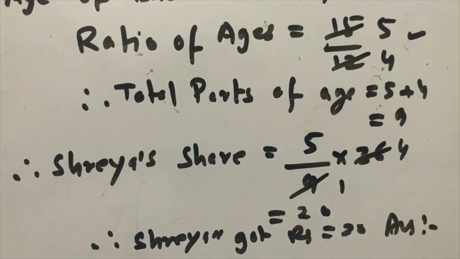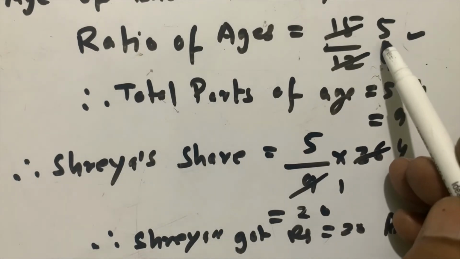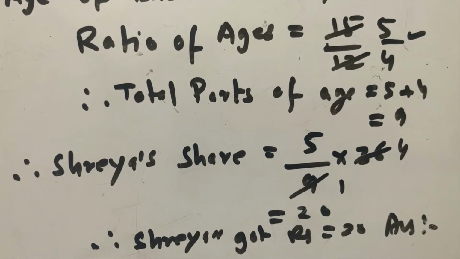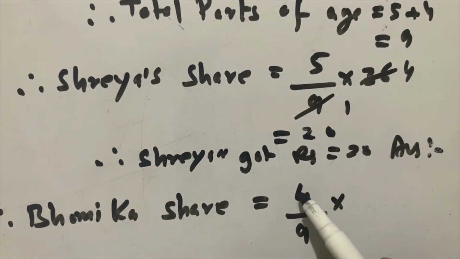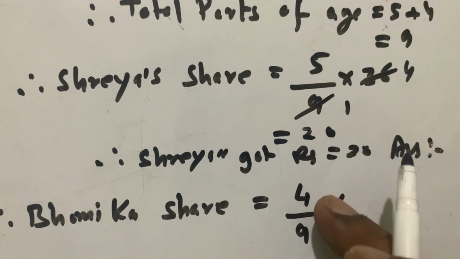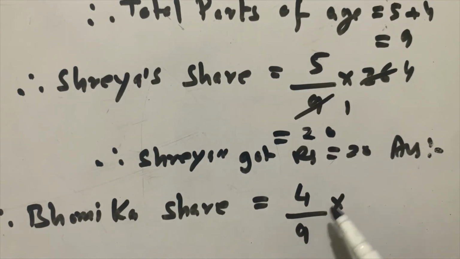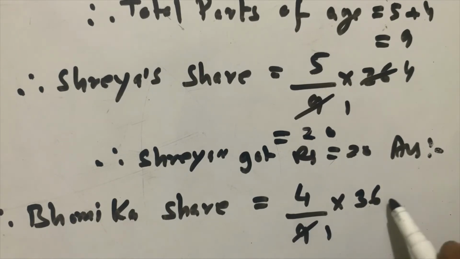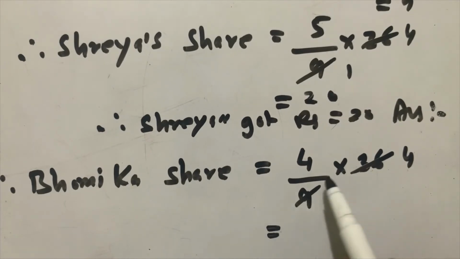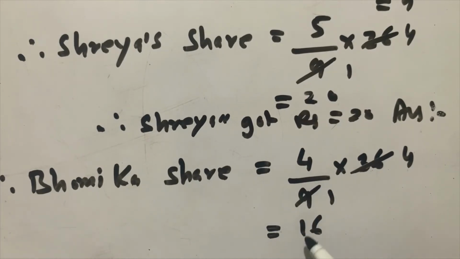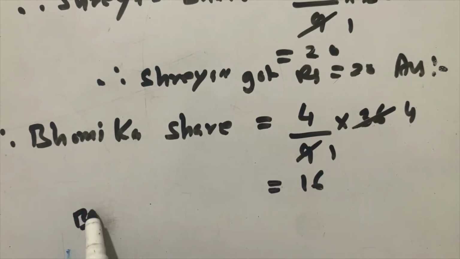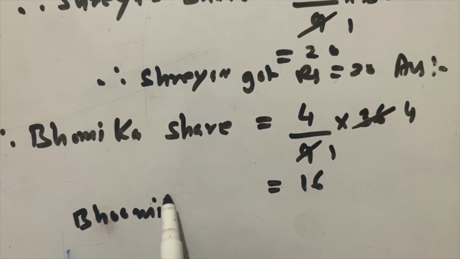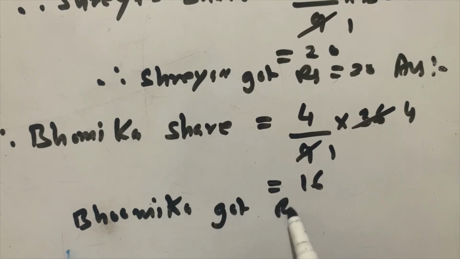So Bhumika's part is 4, and total parts is 9, and the total rupees we have to divide is ₹36. So 4 upon 9 into 36. 9 4s are 36, so 4 4s are 16. So Bhumika got ₹16.